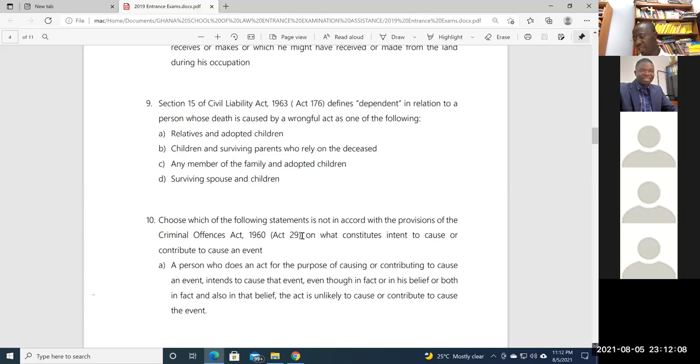So I'm just able to open my act, thanks to the internet now. Just by having your phone, you can have almost all the laws at a click, which is good. So if you look at the Civil Liability Act, section 4 is headed definitions. Sorry, no, I think we have to go to section 35.